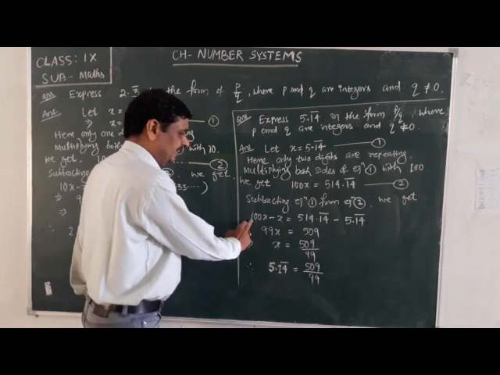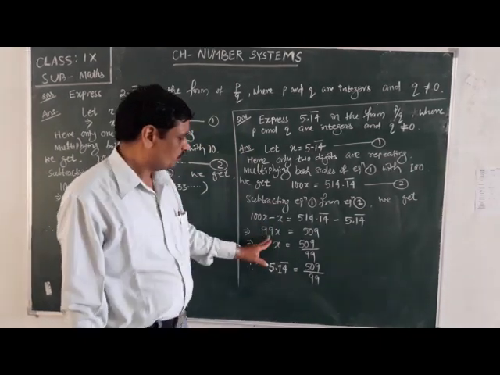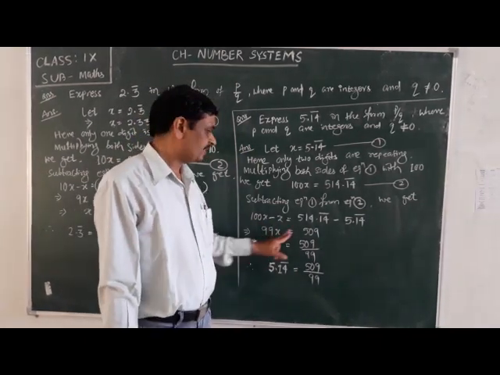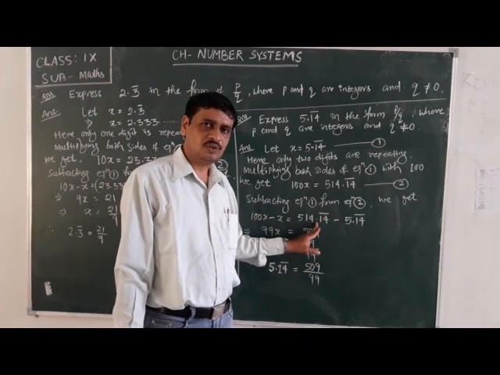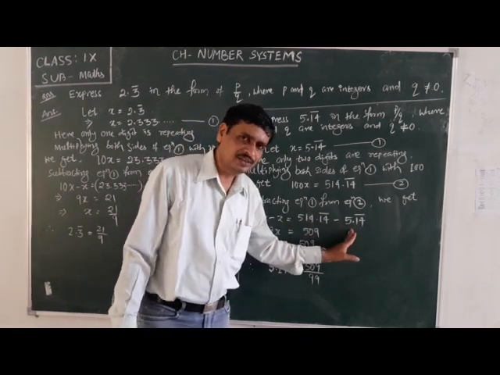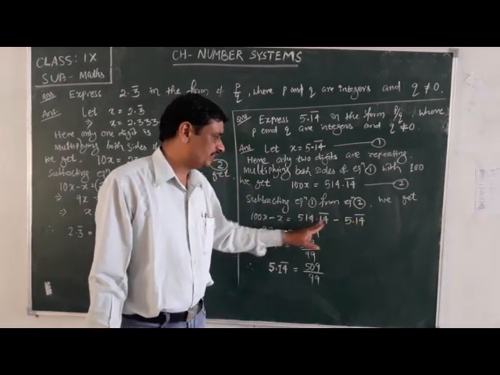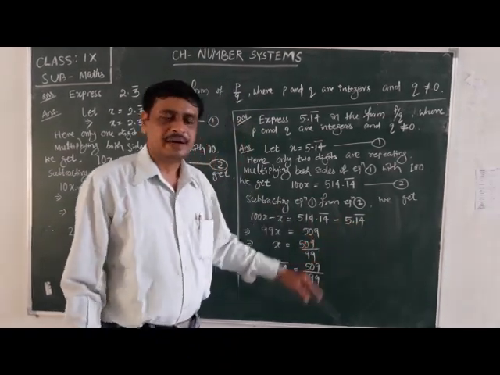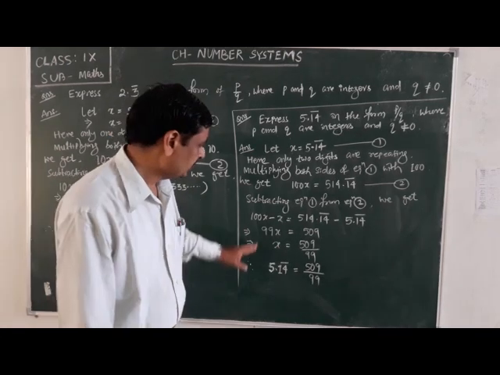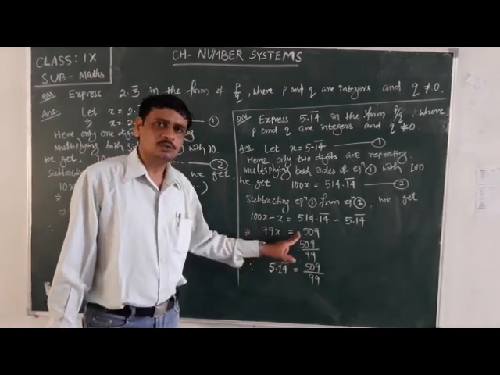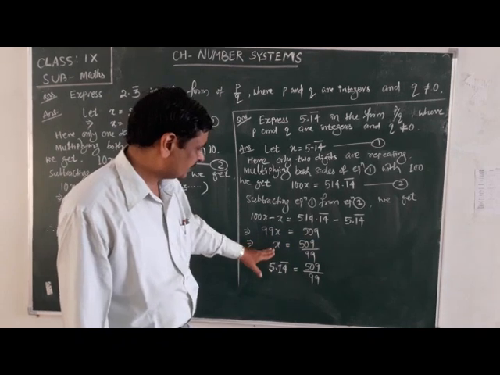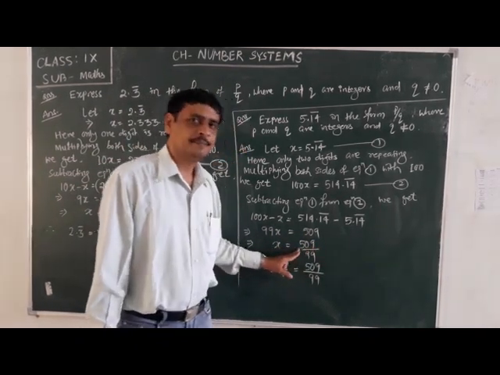Now look, 100x minus x becomes 99x, and 514.14 bar minus 5.14 bar becomes 514 minus 5, which equals 509. Here 99x equals 509, then x equals 509 by 99.